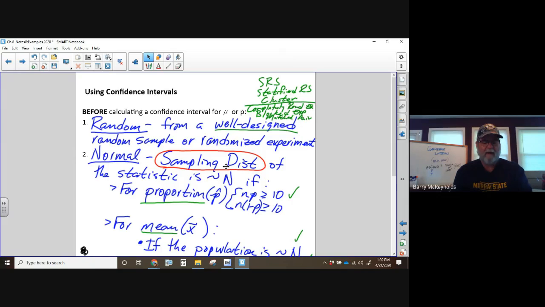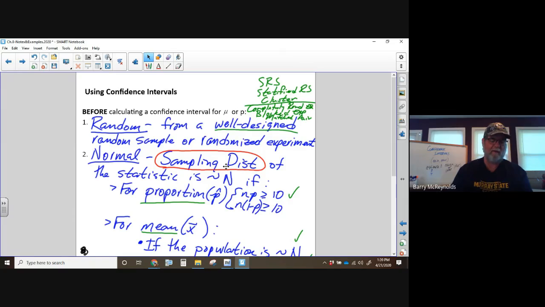Notice that I started off with the same template: with 95% confidence, the interval 0.63 to 0.69. That is always the same. And then after I get that interval, I talk about the context.